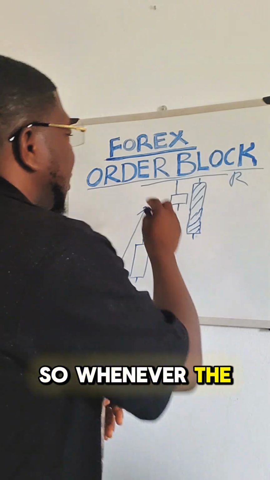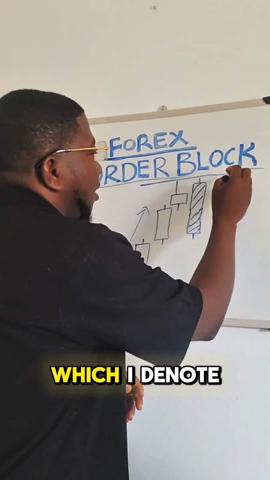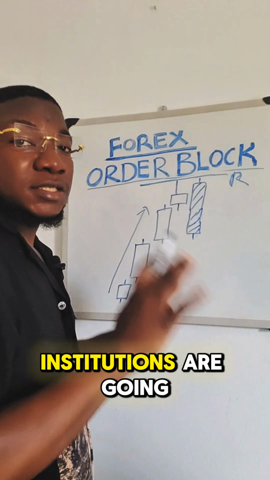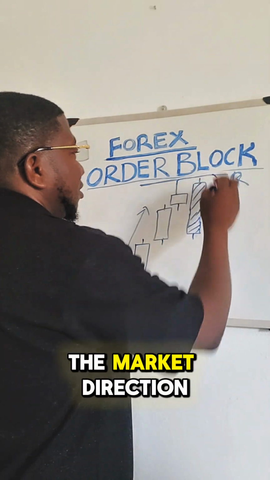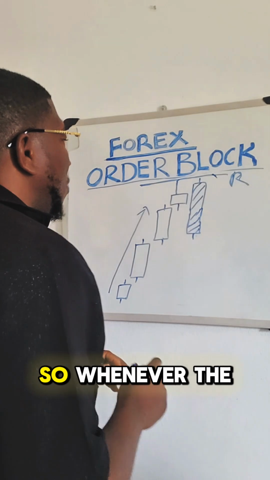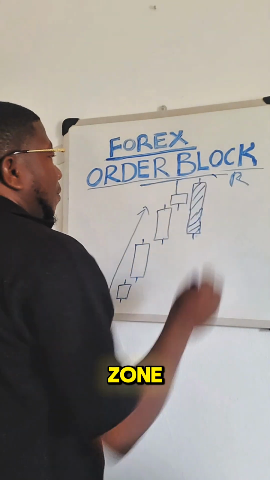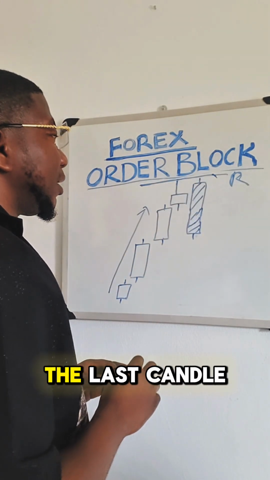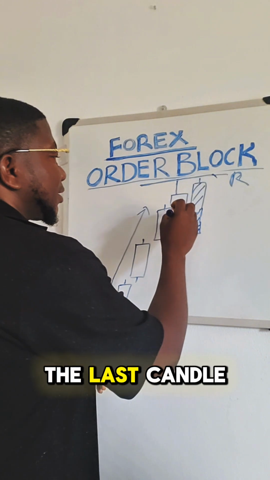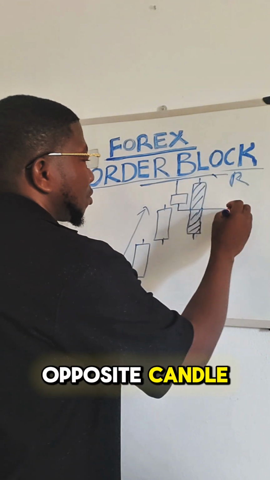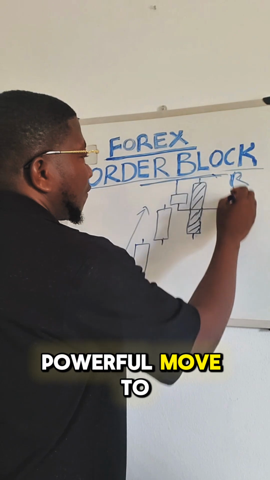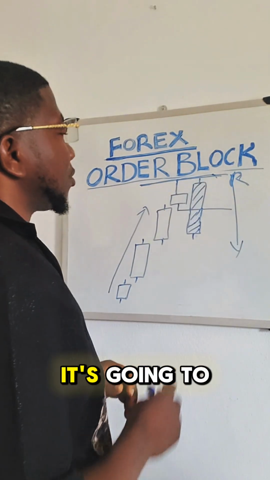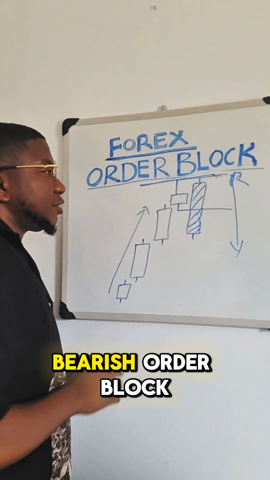Whenever the market gets to a resistance level, which I denote by R, institutions are going to start stacking their positions to change the market direction. You are going to pay attention to the last candle, either the last opposite candle or the last candle before that powerful move to the downside. That is your bearish order block.